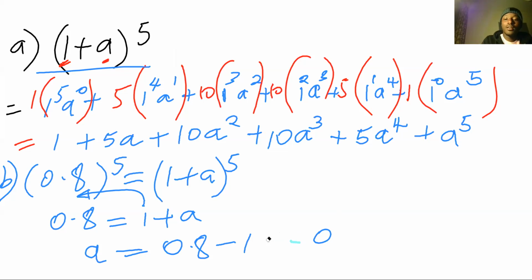The value of a is negative 0.2. So this is what we'll use for substitution, negative 0.2. So it's 1 plus 5a. We'll substitute where there is a in that equation with negative 0.2.